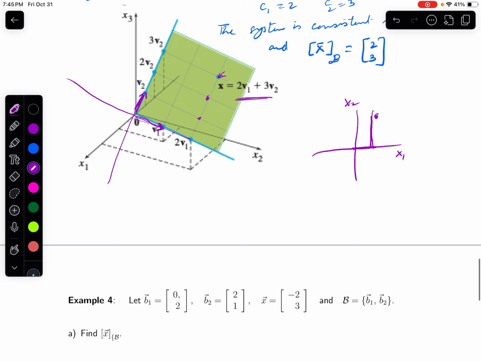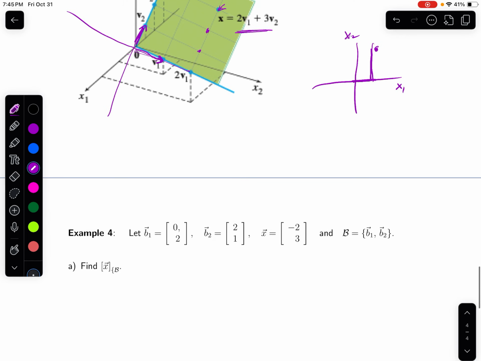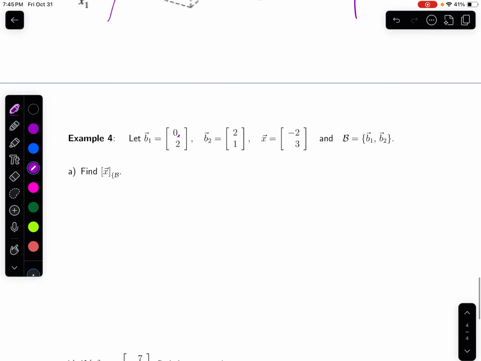The last example here. So let b1 is equal to 0, 2 and b2 is 2, 1. X is given to be negative 2, 3 and B is equal to b1, b2.